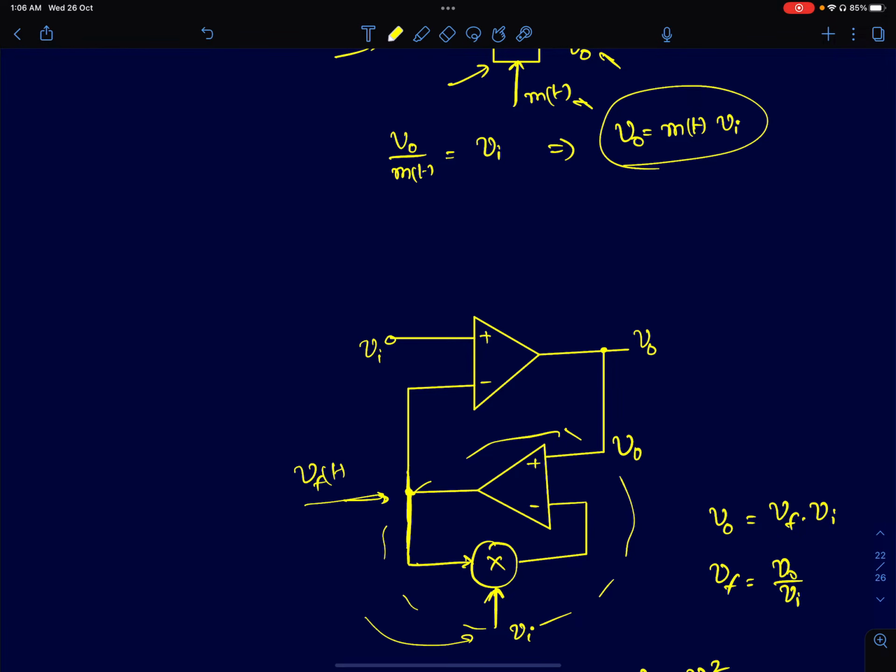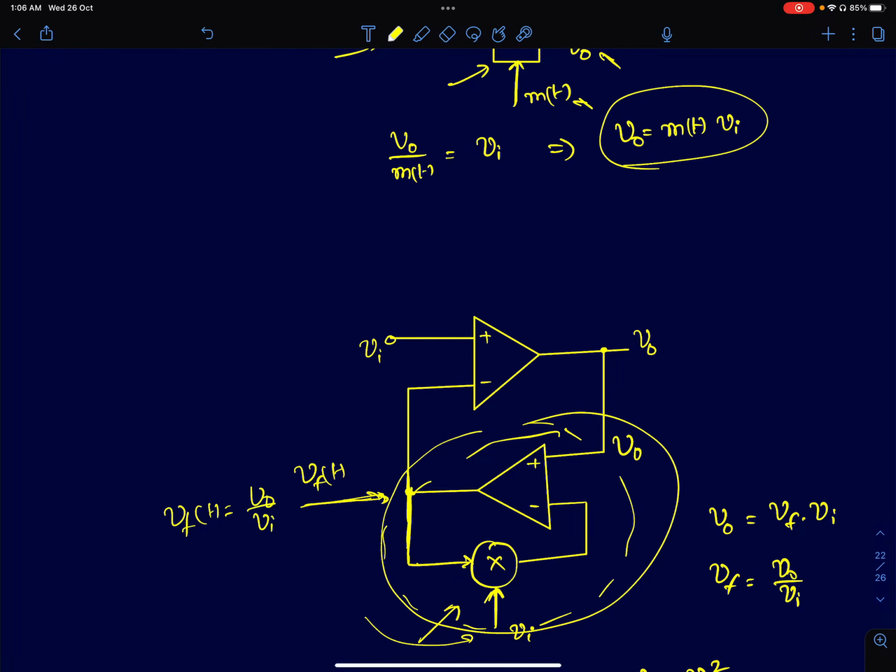This node voltage, let's call that Vf of t. There is multiplication in the feedback path, so looking at this part of the circuit alone, this voltage Vf is going to be V0 by Vi. We just analyzed it a few moments ago. The circuit shown in this circle region will simply act like a voltage divider.